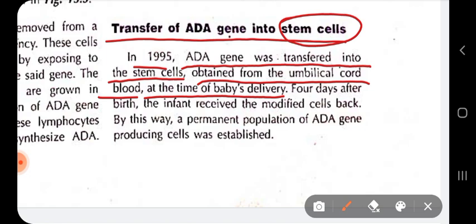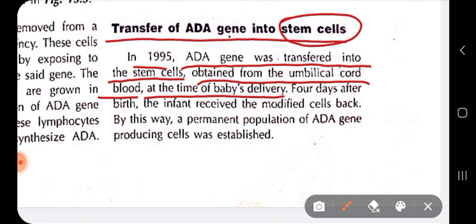During parturition, during the birth of a baby, the umbilical cord which joins the mother's womb with the baby contains stem cells, as we know. Those stem cells were isolated, and within them we transfer the ADA gene via a retrovirus as a vector or via a human artificial chromosome.